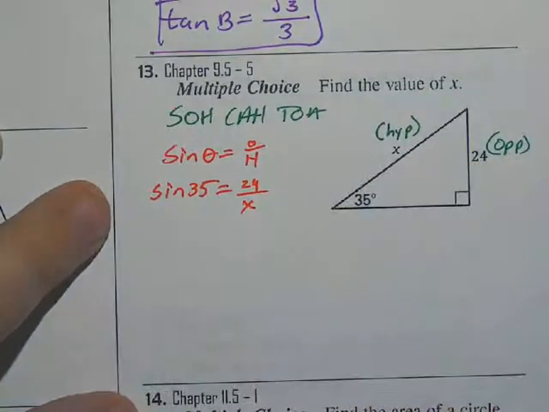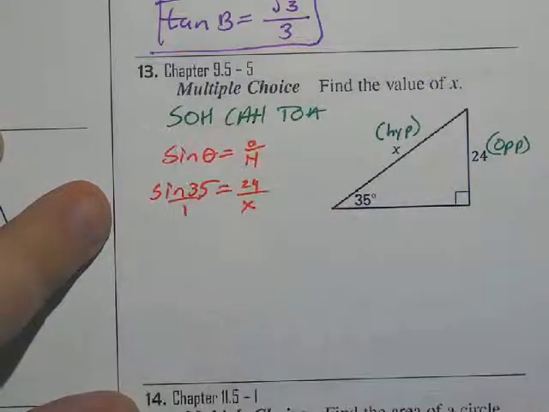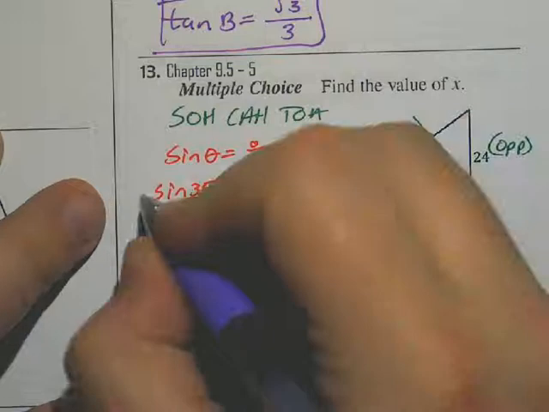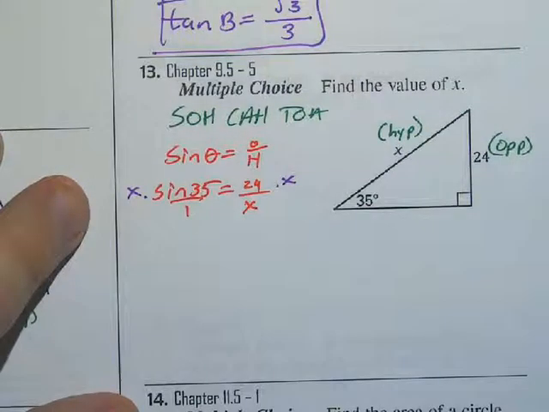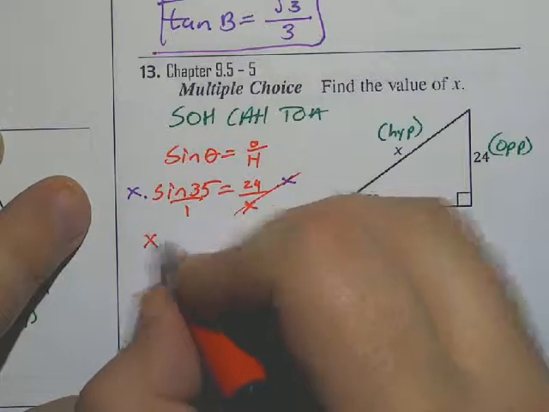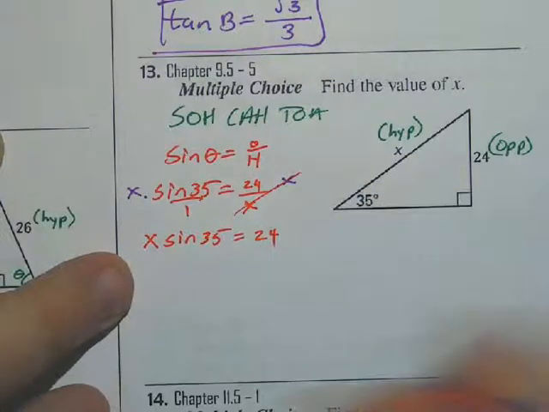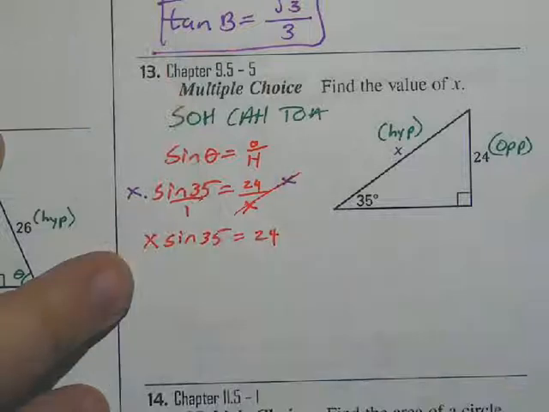Okay. So multiply both sides by x. And I'm going to get x sine 35 equals 24. Divide both sides by sine 35.